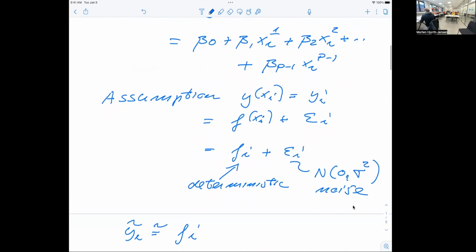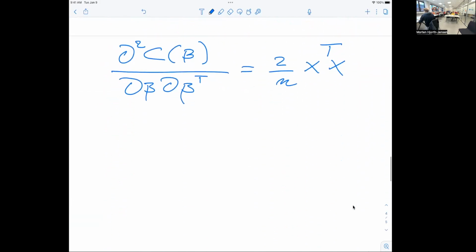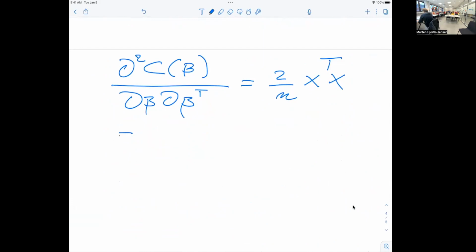The reason for that is, so let me just write this. So this leads to a convex optimization problem, which means again that we have a global minimum. There is a minimum.